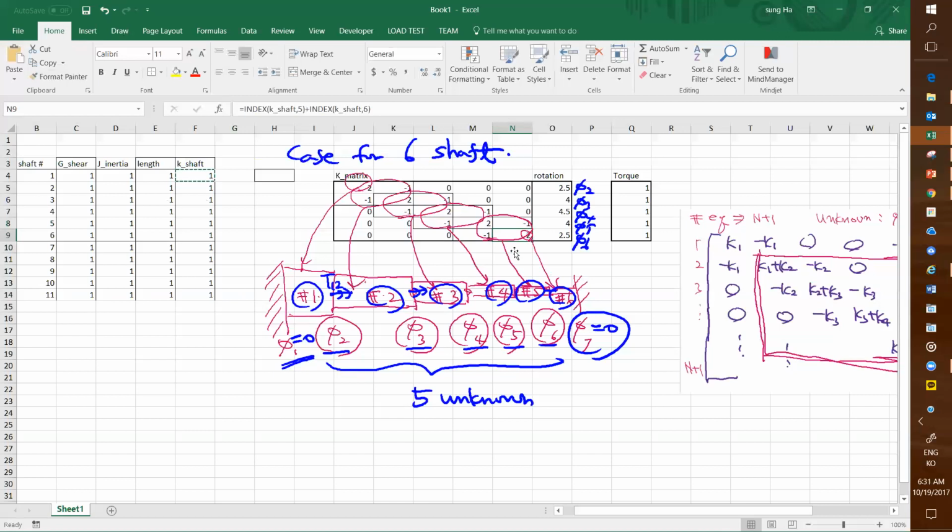This is a very typical structural problem, and torque you apply at each junction. If we consider more than 6, you can extend this stiffness and make a little adjustment. You can easily cover as many shafts as you like. Of course, you can program this simple one.